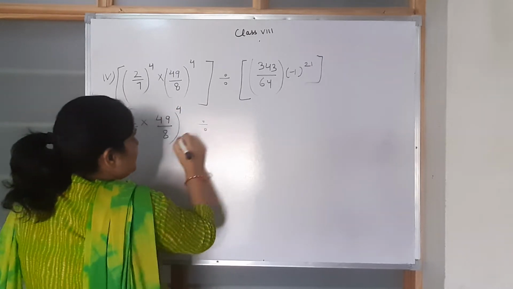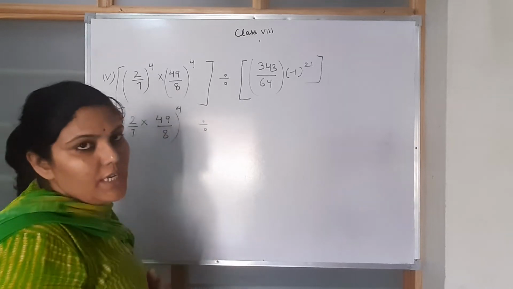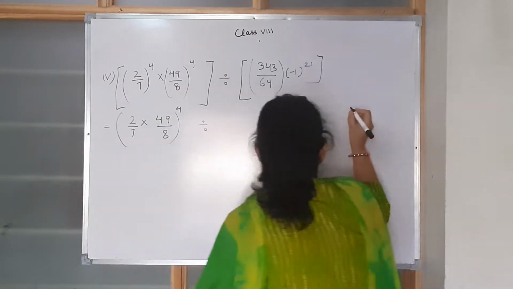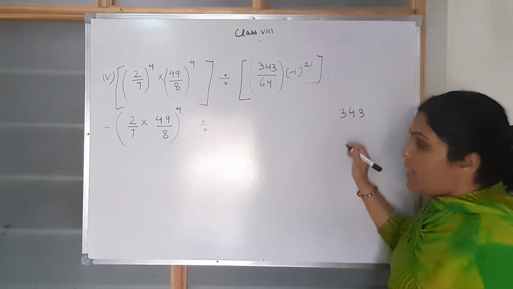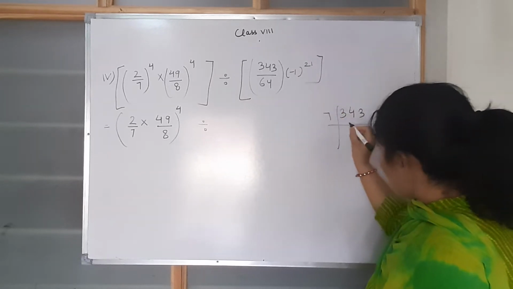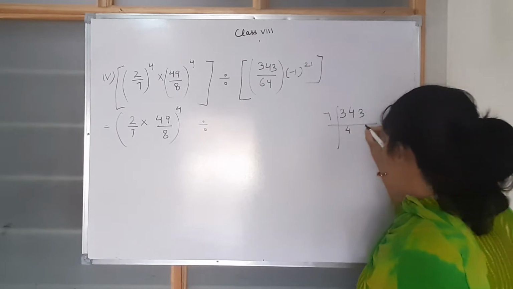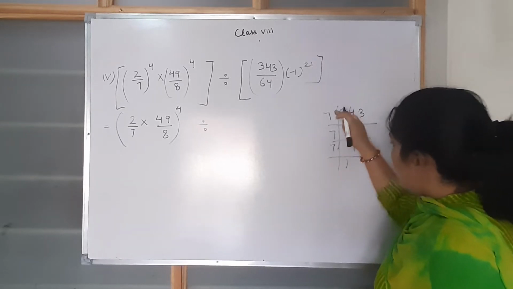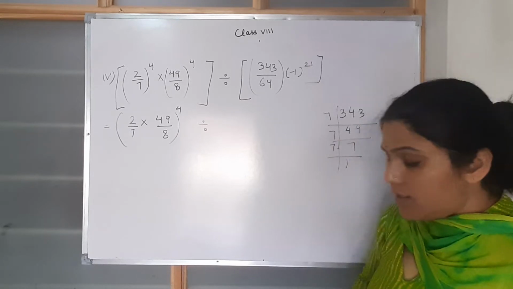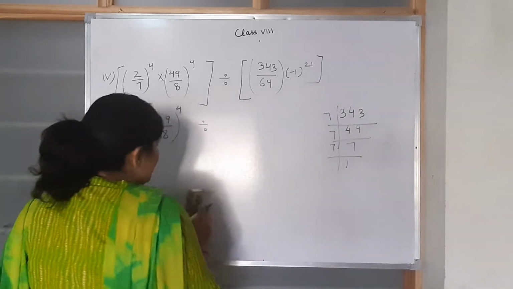Alright, now how will you write 343? 343 can be written as, just look here, 7 4s are 28, 7 9s are 63, so 7 raised to the power 3. 343 can be written as 7 raised to the power 3.